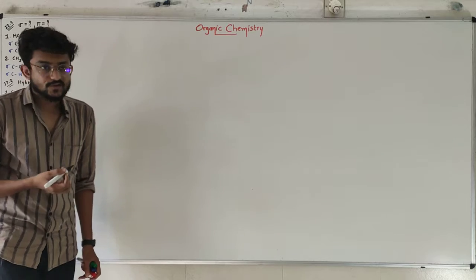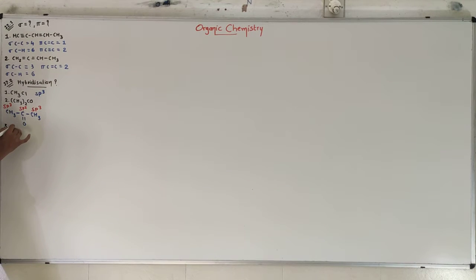After that, our third structure is CH3CN. Let's draw the structure of the compound: CH3 C triple bond N. A total of 2 carbons are there. The first carbon, with 3 hydrogens and a single bonded carbon, will be sp3, and this one will be sp because of the triple bond.